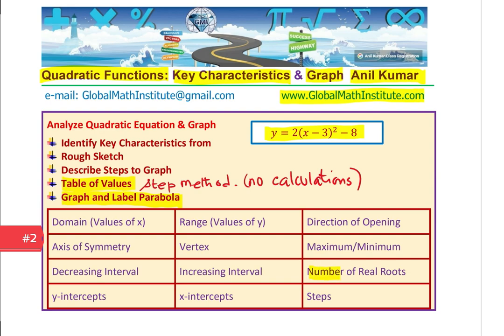So, number of real roots is another very critical part which 90% students do not understand from the given equation. So, as you can see, it is packed with information which you really need. So, spend some time understanding these concepts.